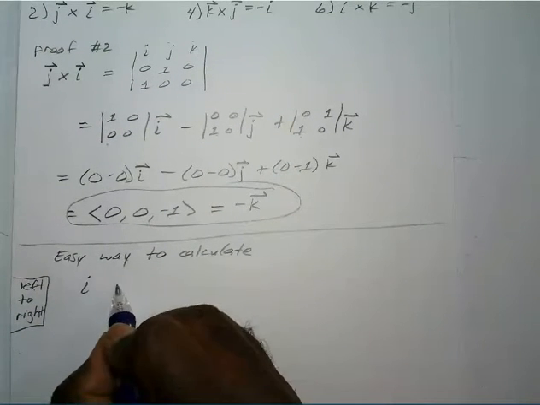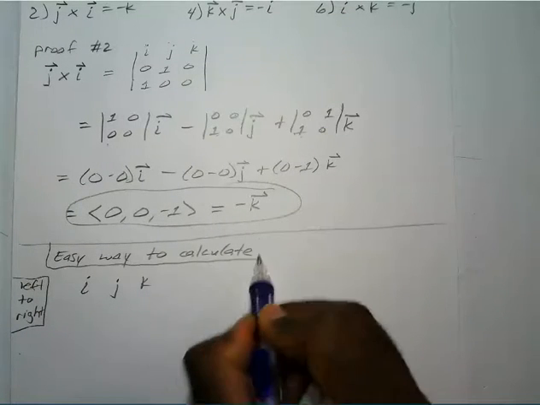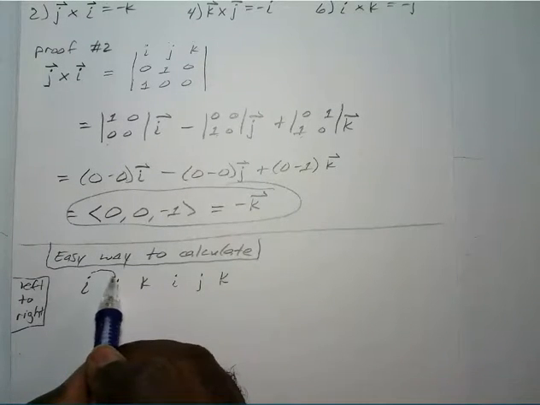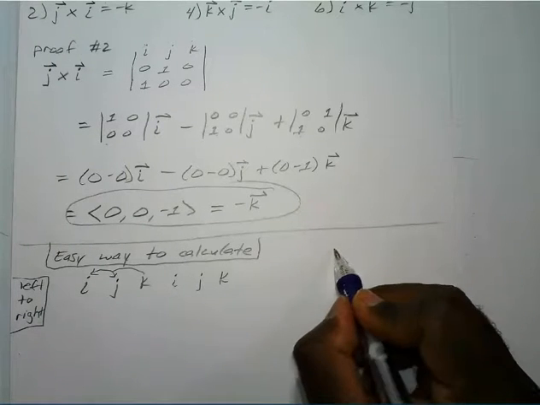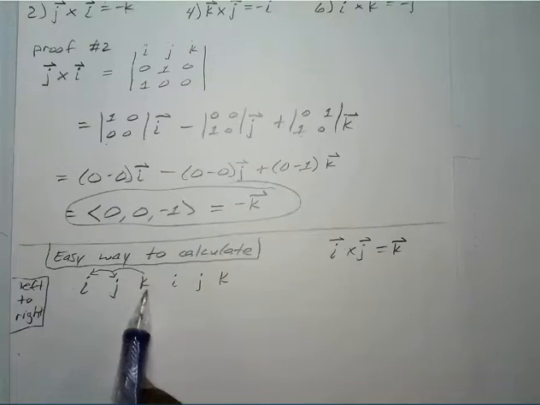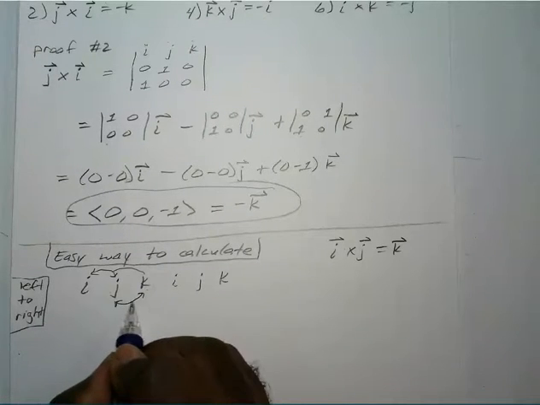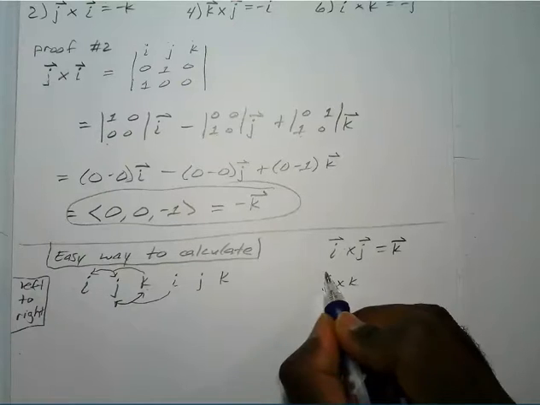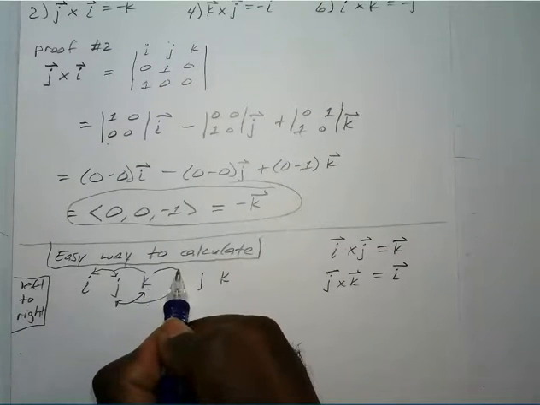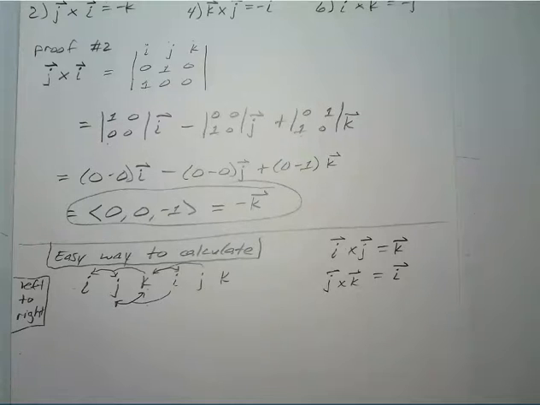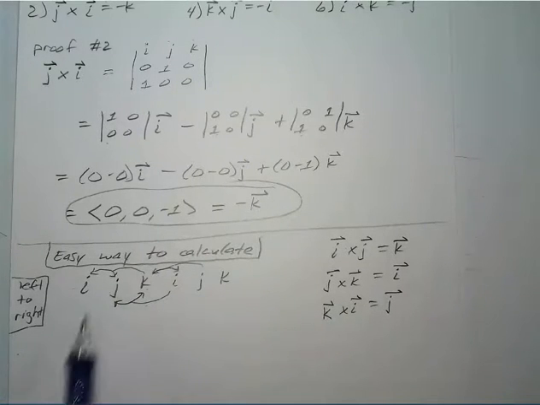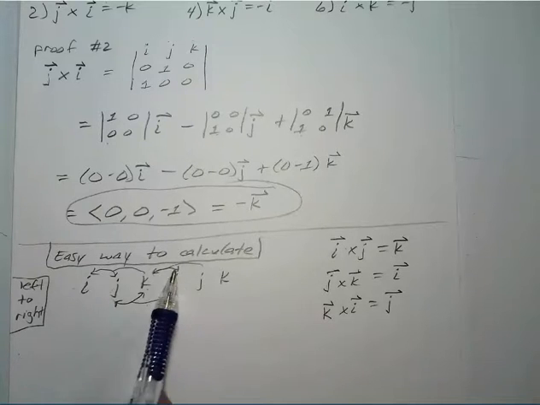Okay, so we go I, J, K. Okay, so if we combine the cross product of I and J, we'll get K. We know that J and K will give us I. Okay, so we know that K and I will give us J. And again, you're going from left to right. IJ gives us K, JK gives us I, KI gives us J.